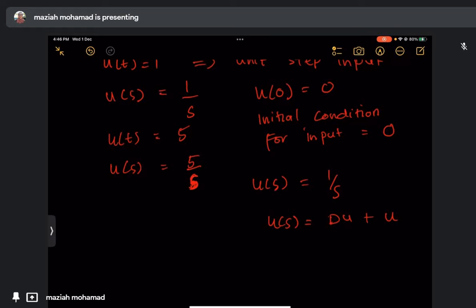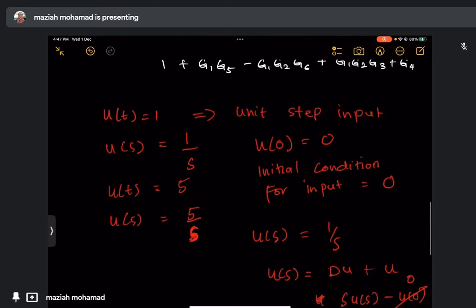Meaning when you inverse Laplace, we have s U(s) minus u(0). So here u(0) is equal to 0. Yes, for initial condition, we do set it equal to 0 for the input.